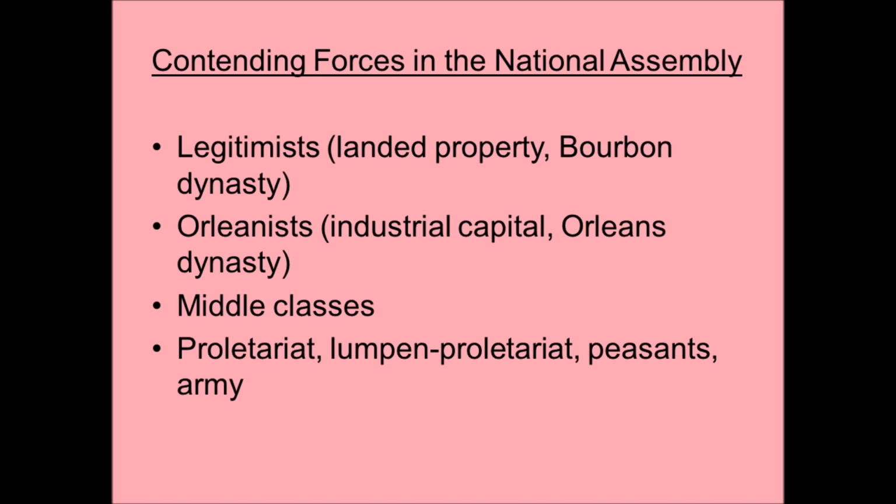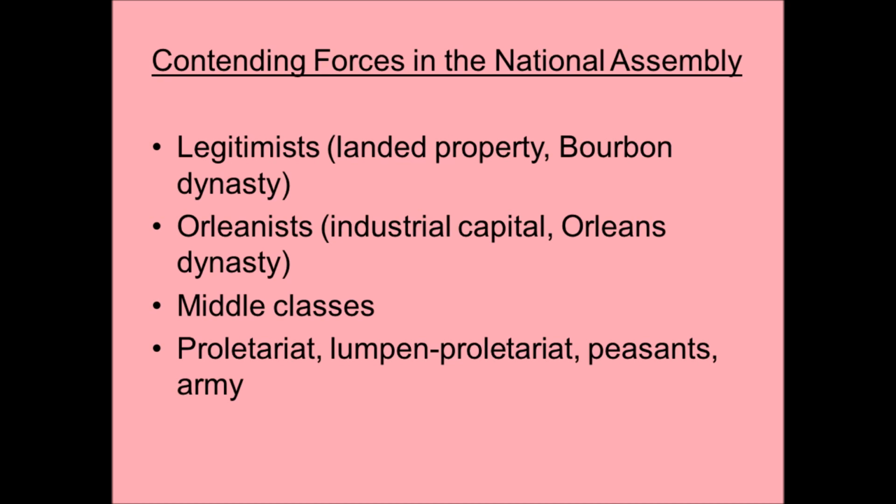In order to understand the trajectory of the bourgeois revolution, Marx says that we have to understand some of the contending forces in the National Assembly. There were the Legitimists, who were the landed property owners, part of the old Bourbon dynasty, the monarchy. There were the Orleanists, part of the new industrial capital class, and also part of the Orleans dynasty.